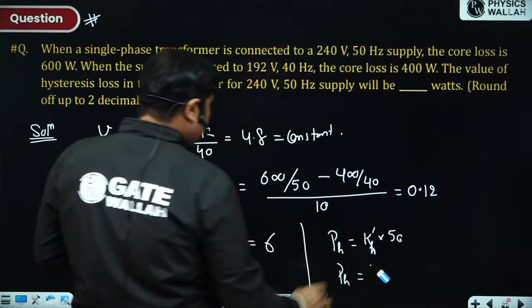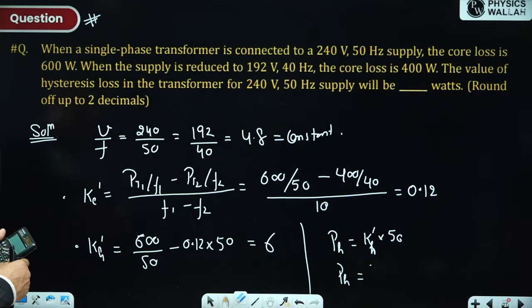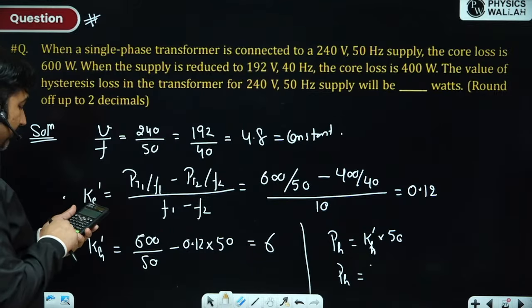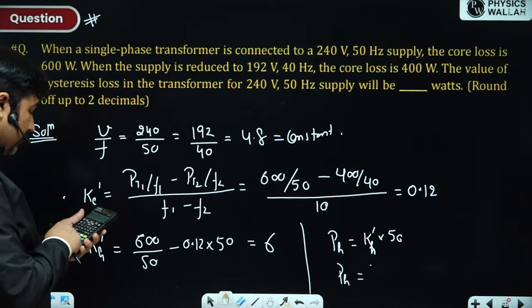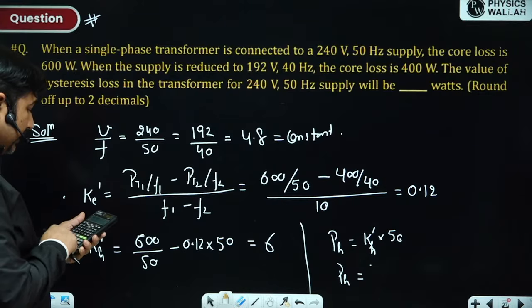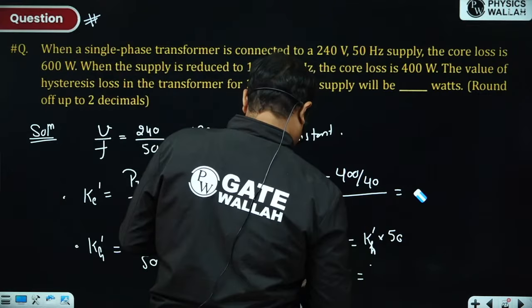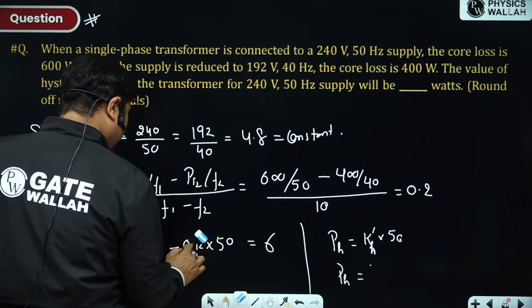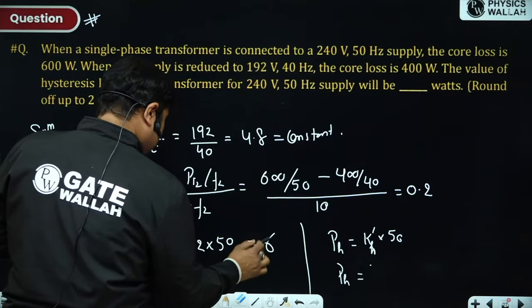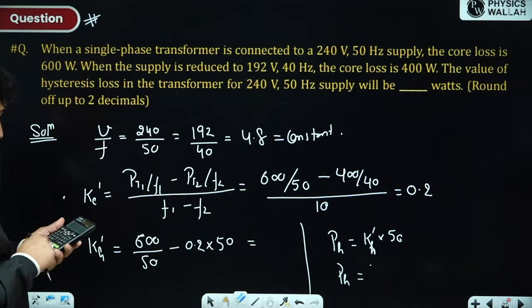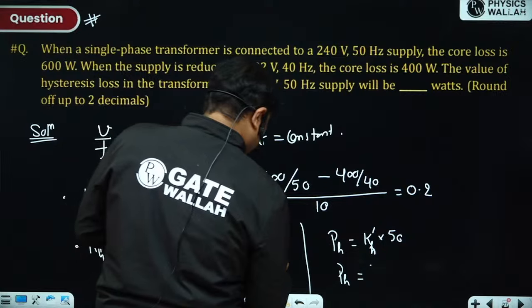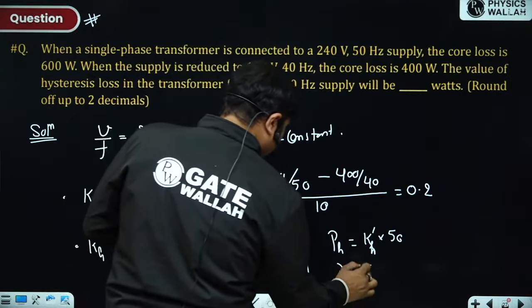So (600 by 50 minus 400 by 40) by 10, okay, this is 0.2. 0.2 means this would become 600 by 50 minus 0.2 into 50. That is 2, and this would be 100.